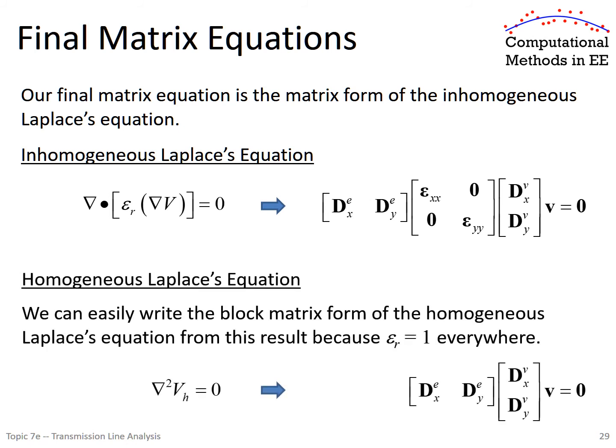Now for the homogeneous Laplace's equation, our permittivity is just 1 everywhere because we set it all to air. So this middle matrix really reduces to the identity matrix, and our homogeneous Laplace's equation is written this way. So we now have our 2 matrix equations that we will somehow solve in MATLAB.